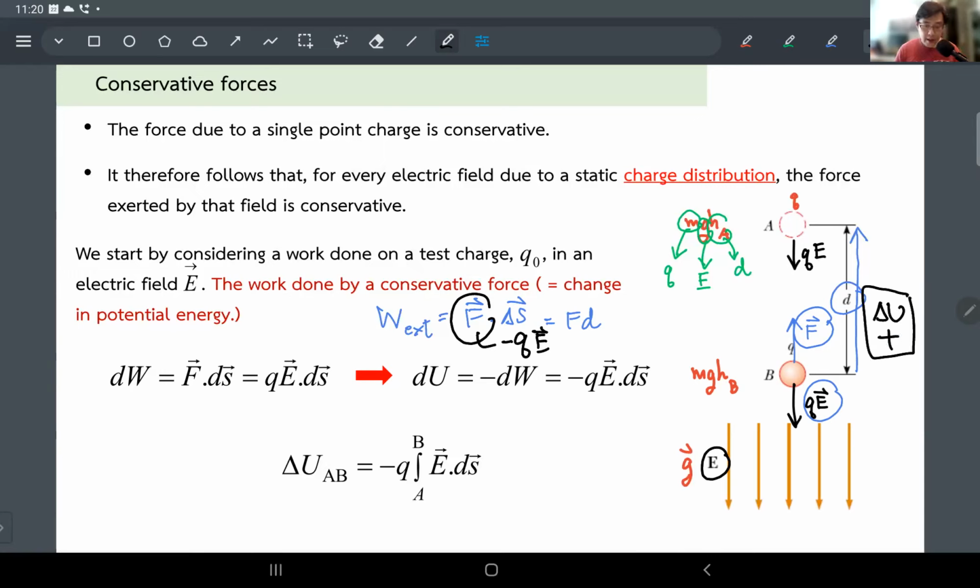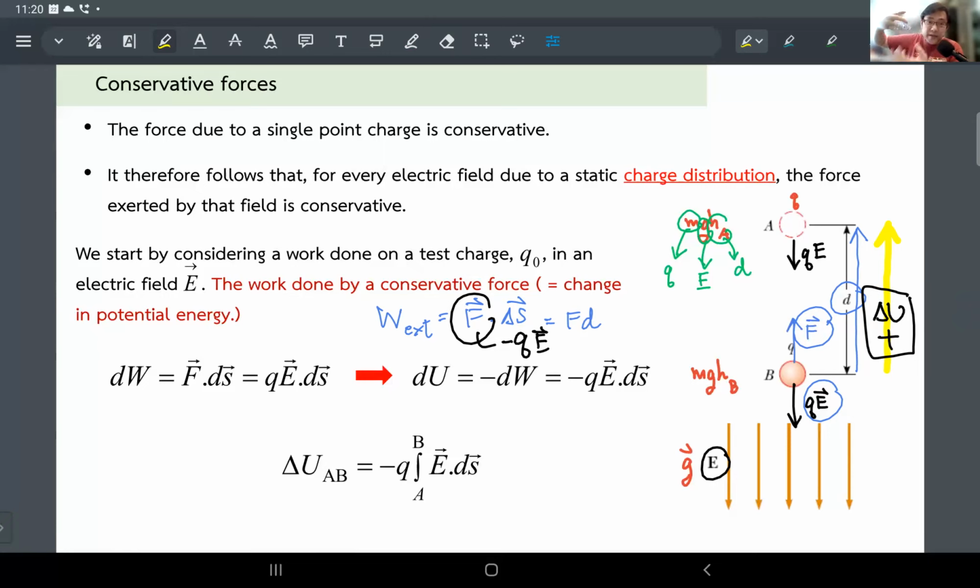You guys with me? By pulling this charge up, I am increasing its potential energy. But this up is opposite to the field. The field is down.